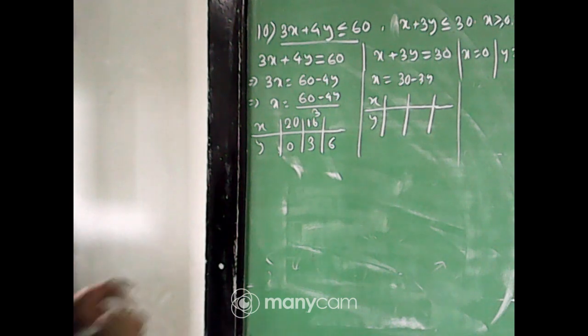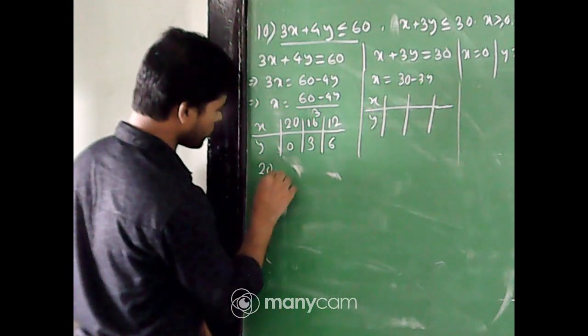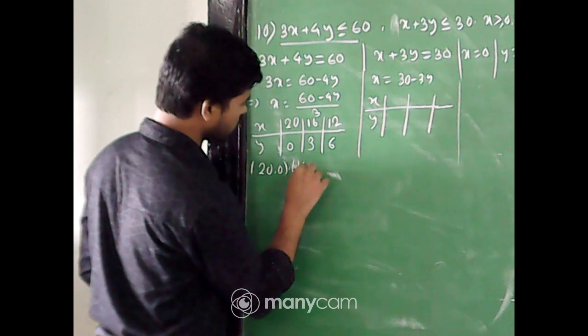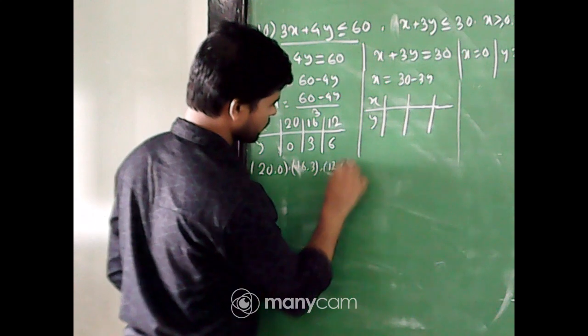Yes, 12. So the solutions are (20, 0), (16, 3) and (12, 6).